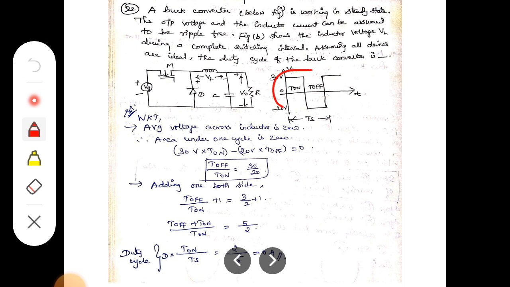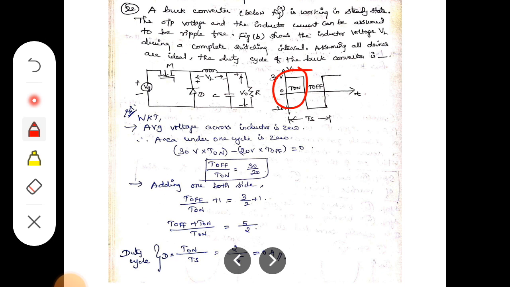The maximum voltage is 30 during the period T on, and during T off the voltage is minus 20. So 30 volt into T on minus 20 volt into T off is equal to 0. So we want T on by T off.